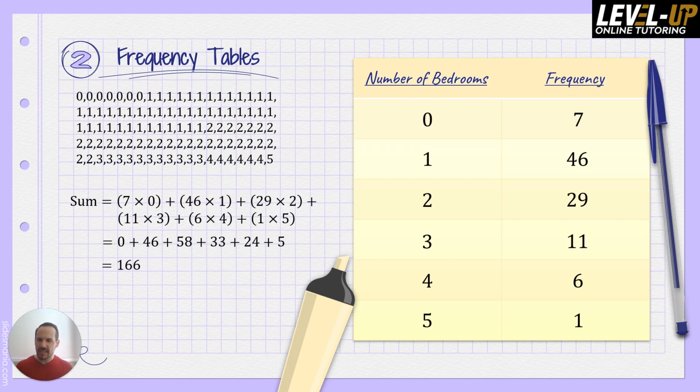So what this represents is how many bedrooms there are in total across all the different properties. Now if we want to find the mean, we do 166 divided by the total number of properties, which is 100, and that will give us the average number of bedrooms per property. You find that comes to 1.66.